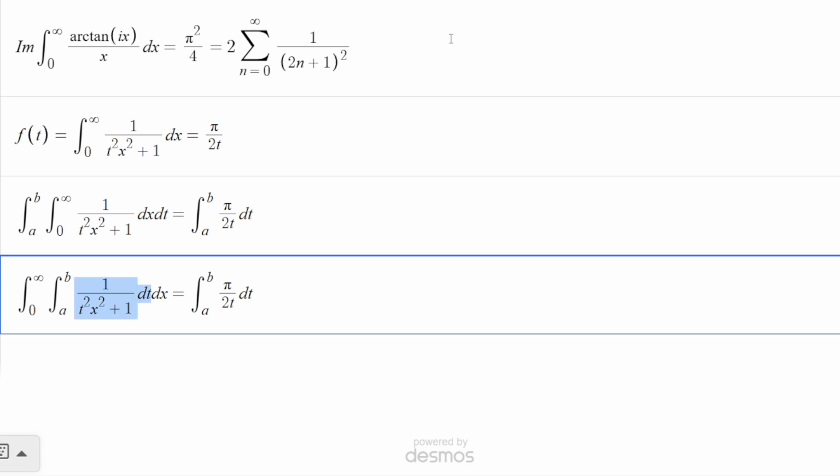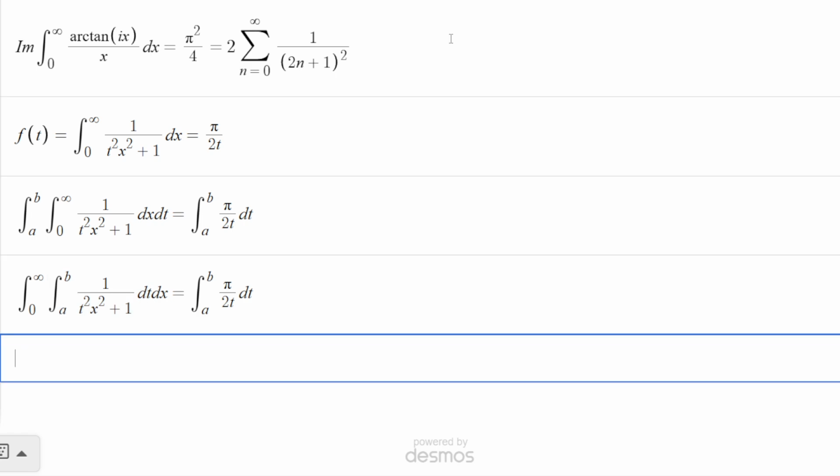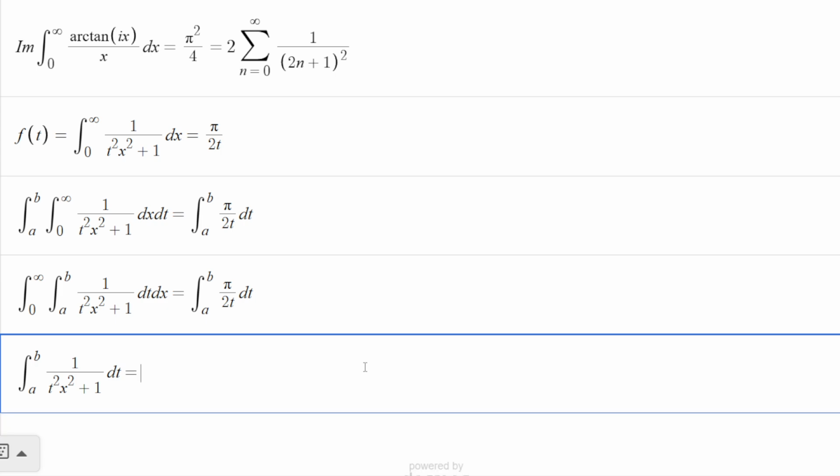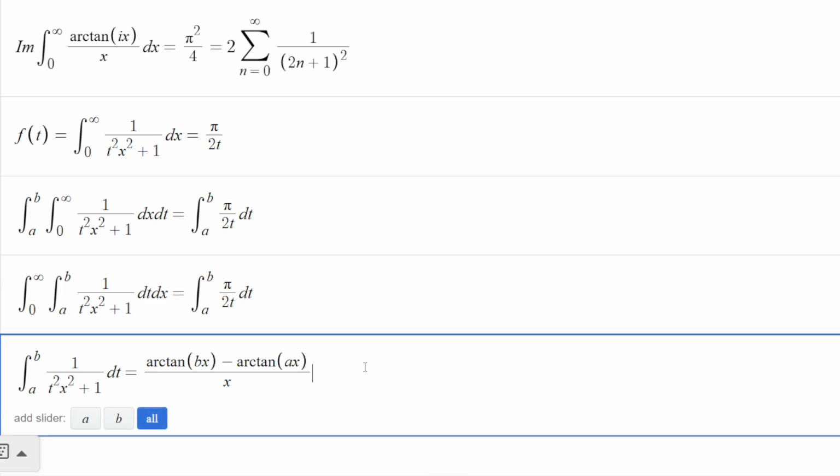Now let's evaluate this integral right here. I'm just going to plug that into an online integral calculator and I'll be right back. Okay, so it evaluates nicely to this, and that's not difficult to show.